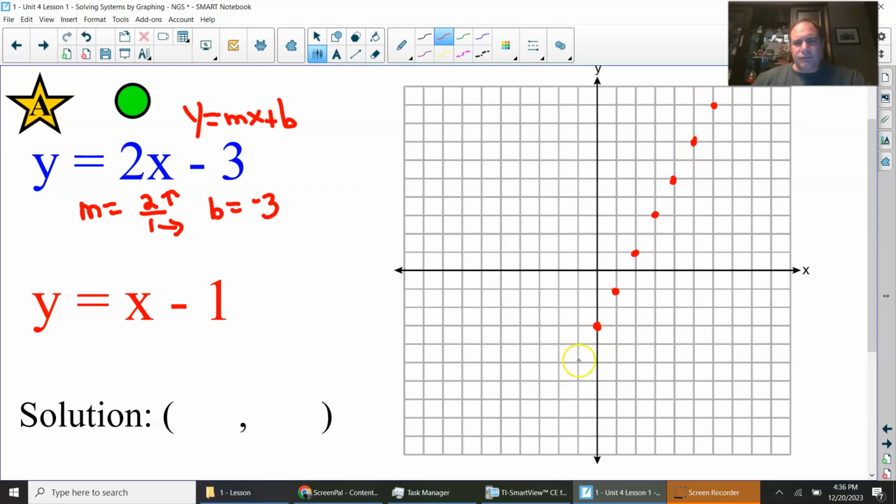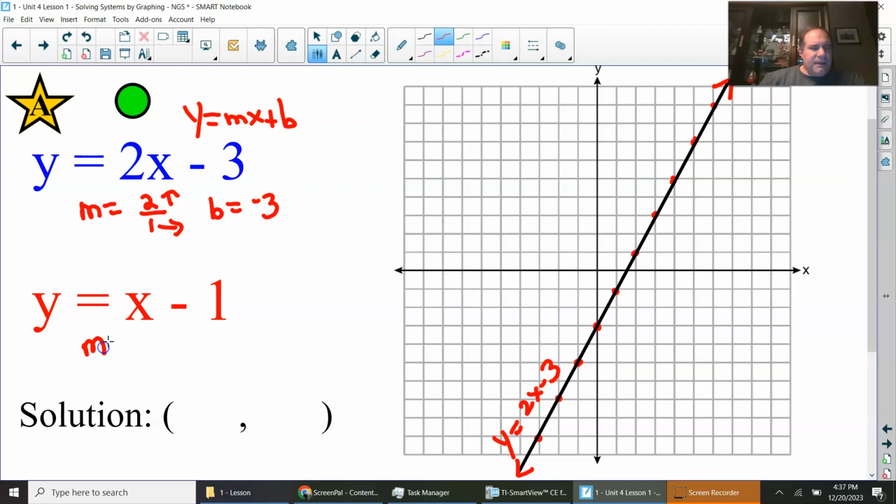Then down 2, left 1, down 2, left 1, and then you're ready to connect all of those points with a straight line. You're putting arrows on each end, and then you're labeling y equals 2x minus 3.